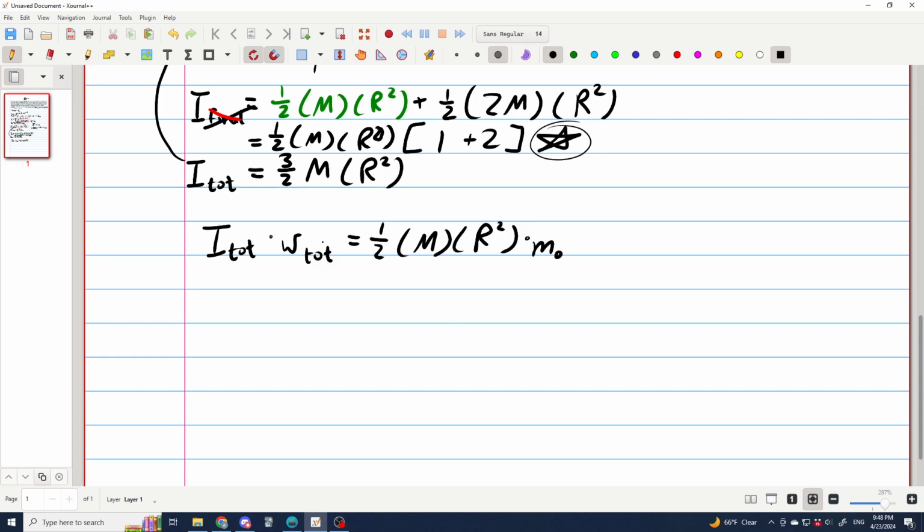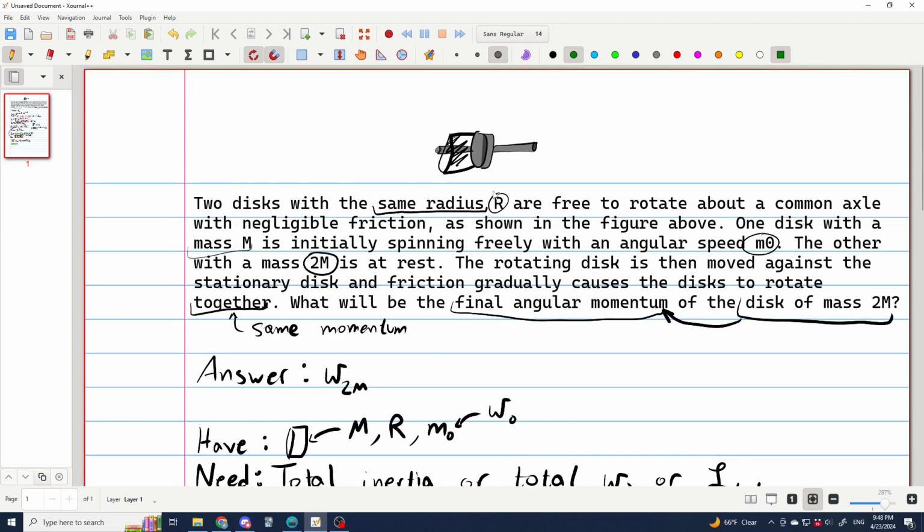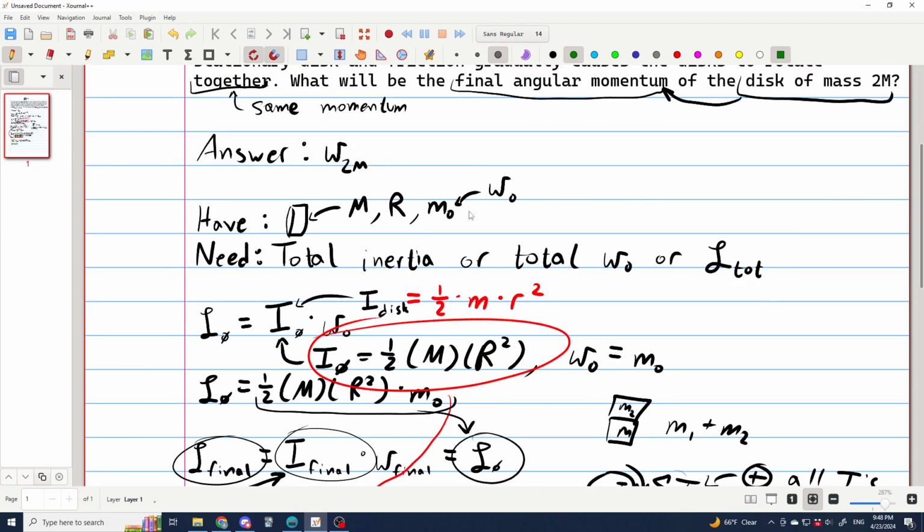Okay. So this is where we're at. Now I can go ahead and plug this section in right here. So we can say that that is 3/2 times the mass times the radius squared. Notice how it started off as 1/2, but now we have 3 times as heavy of a disk compared to before, because we don't just have the original disk, we don't just have the new disk, we have both disks added together, and so it's 3 m's total.